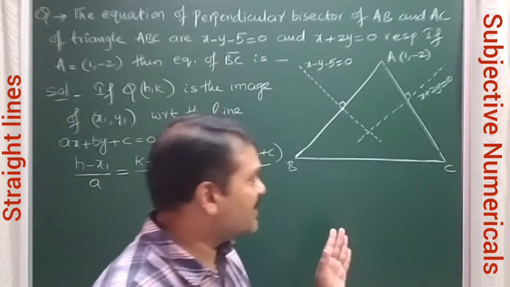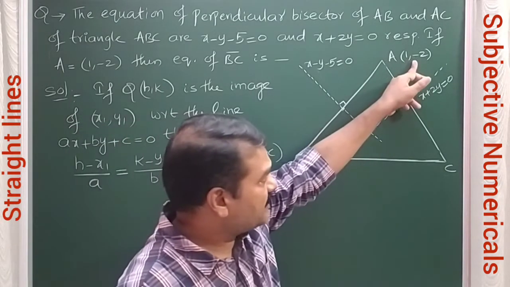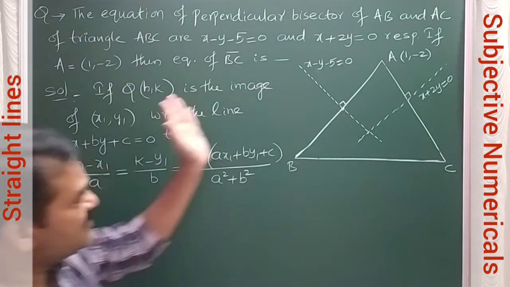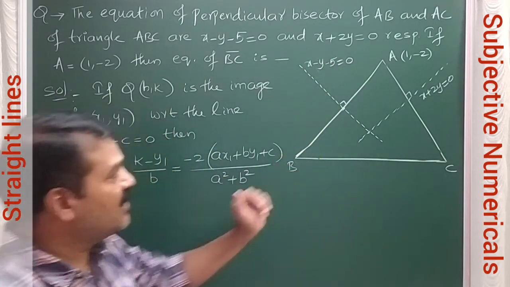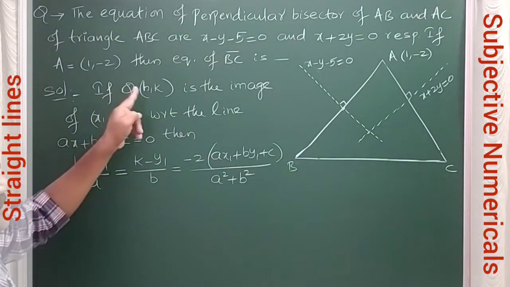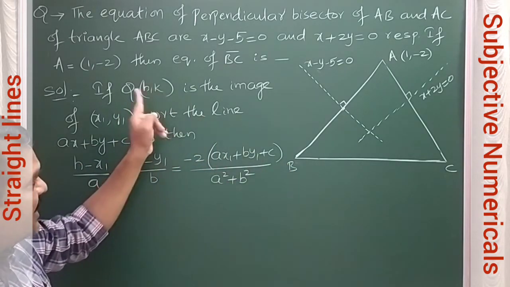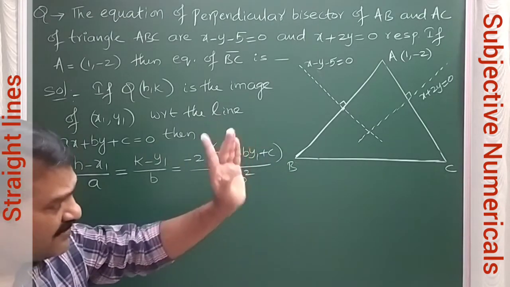So first let us consider x1, y1 as this point, and ax plus by plus c is this line, x minus y minus 5 is equal to 0, and the image which we have to find, h comma k, using the formula, is nothing but B. That is the first case.